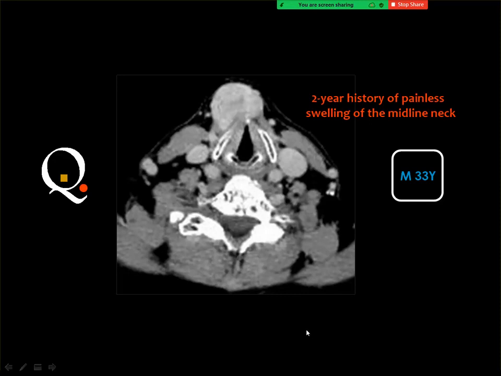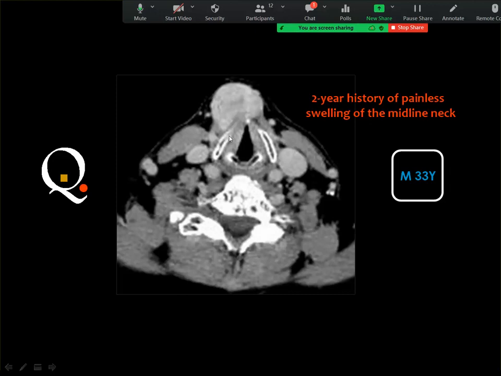But my advice to you, if you see a mass like this and the lesion is cystic, then you diagnose a thyroglossal duct cyst. And if a tumor arises inside the thyroglossal duct cyst, it will be a carcinoma inside the cyst.